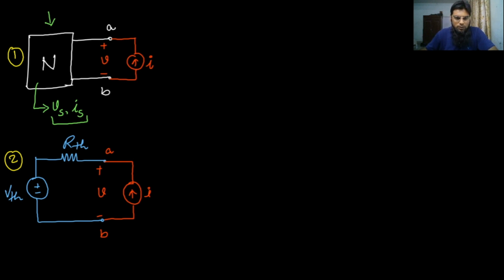By using the concept of superposition, we can find this voltage V as the algebraic sum of the individual contributions of all the sources Vs, Is and I. Let us consider the contribution for the external source I as A naught I, and for the other sources Vs and Is as A1 Vs and A2 Is.